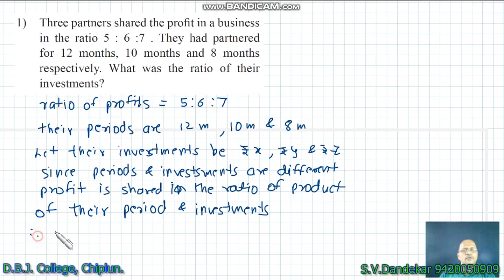And therefore 12x is to 10y is to 8z is equal to 5 is to 6 is to 7.